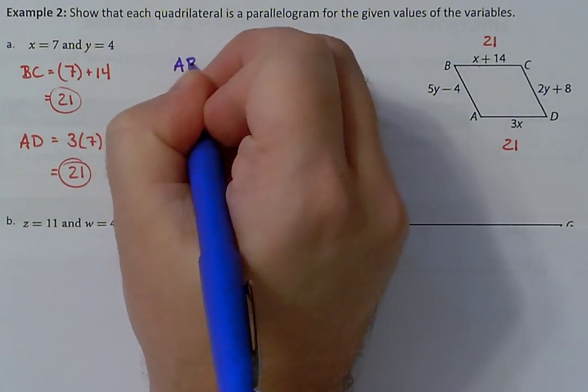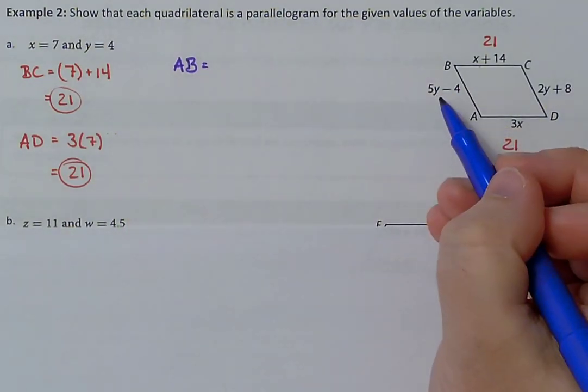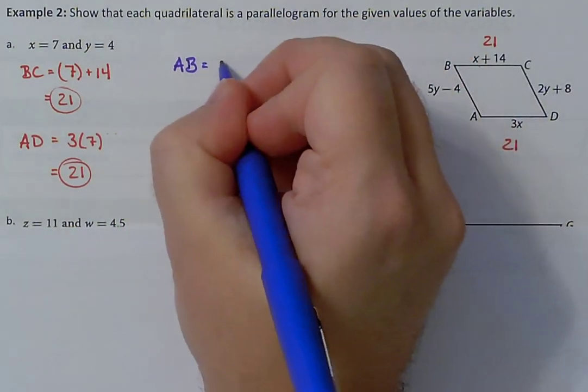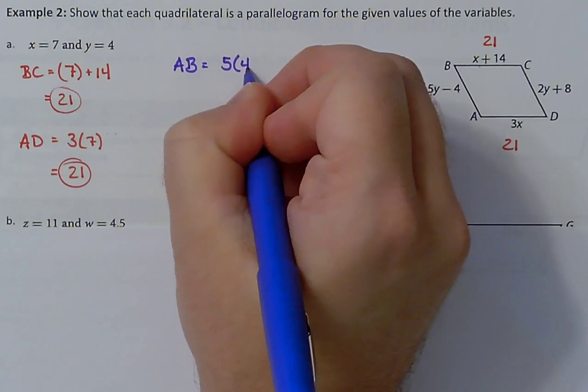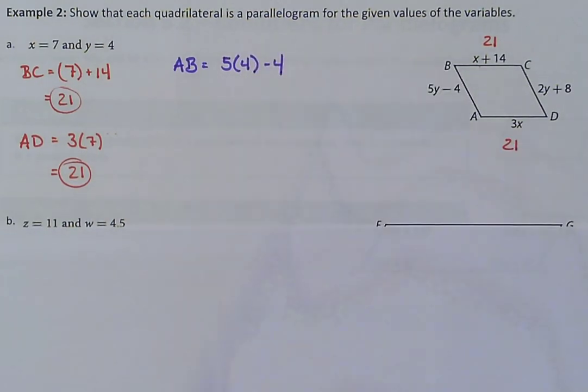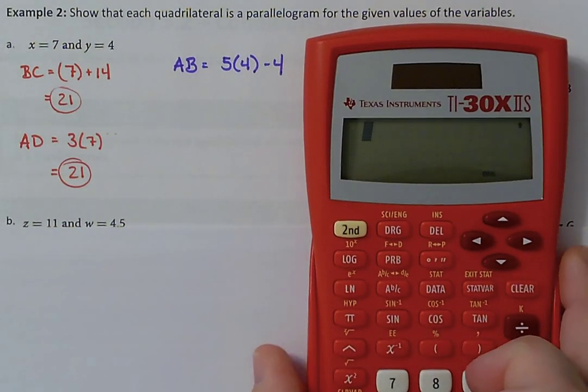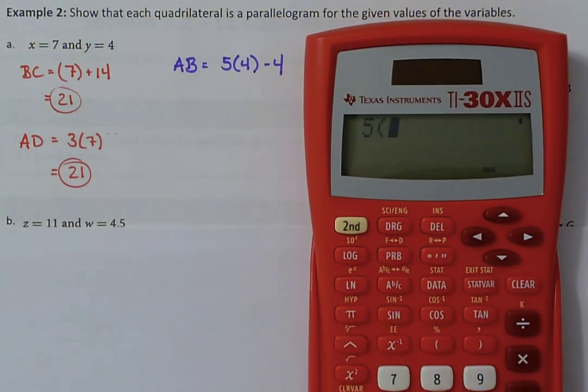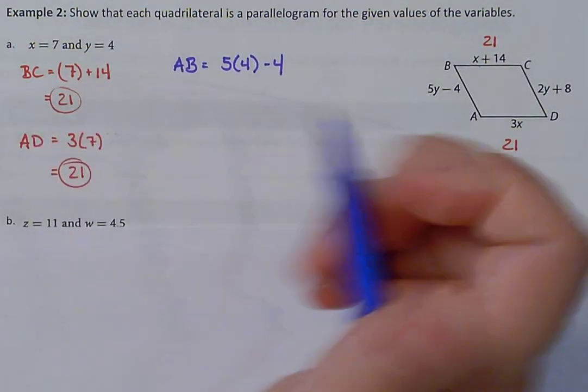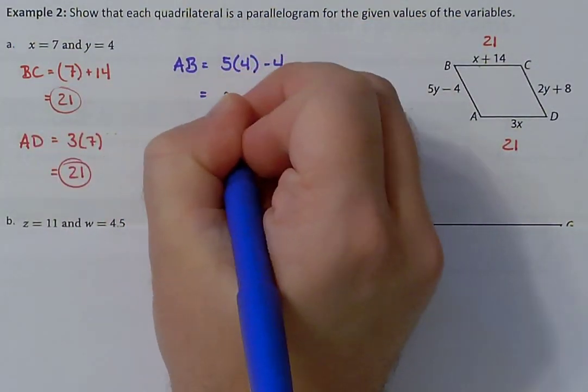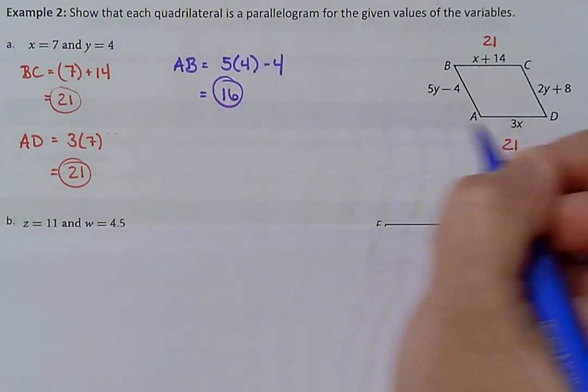So that means 5 times 4 minus 4. If we pull out our handy dandy calculator, 5 times 4 minus 4, we end up with 16. So that means AB is 16 units.